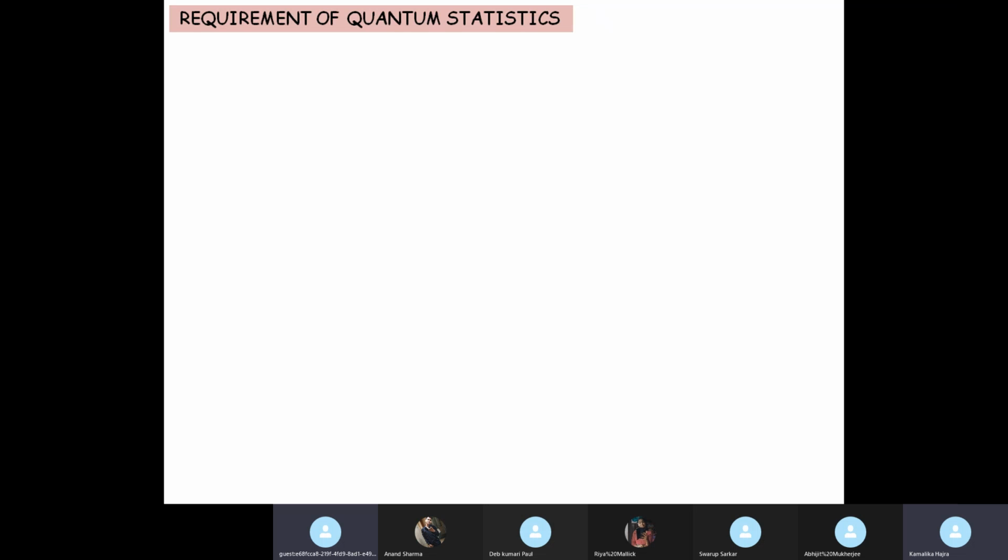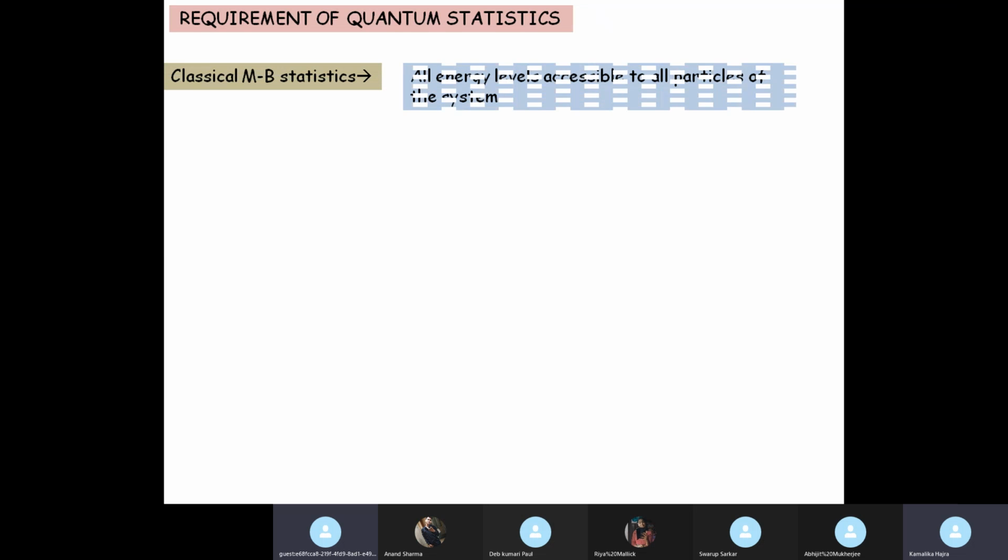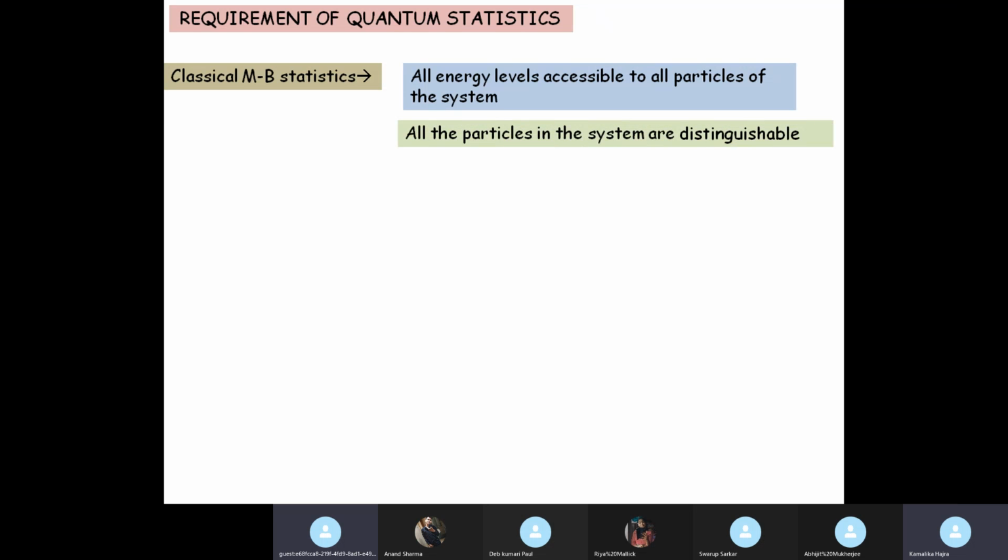Now let us jot down the points. First of all, in the classical Maxwell-Boltzmann statistics, we know that all energy levels are accessible to all particles. There is no restriction. All particles in the system are distinguishable.